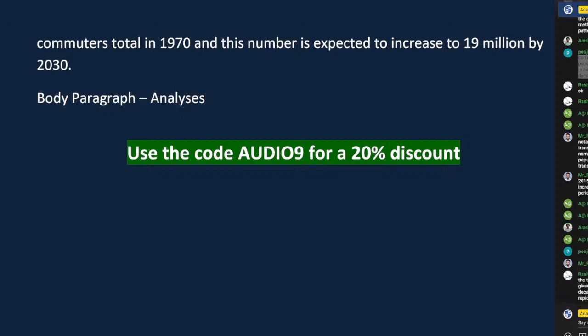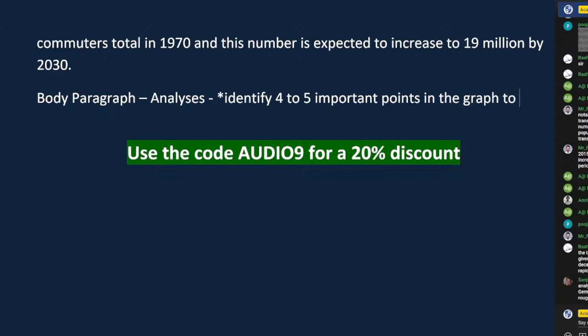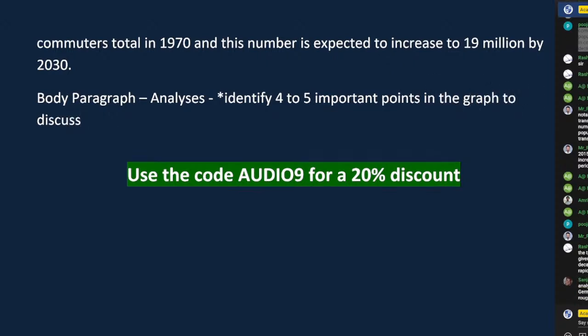Analyses, analysis, plural, okay? So here are the analyses. You want to identify, let's say 4 to 5 important points in the graph to discuss in the essay. And then, of course, use the overview as the thesis, the guide.